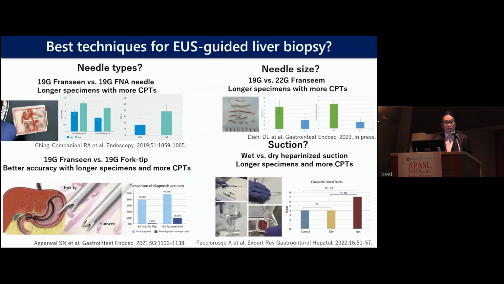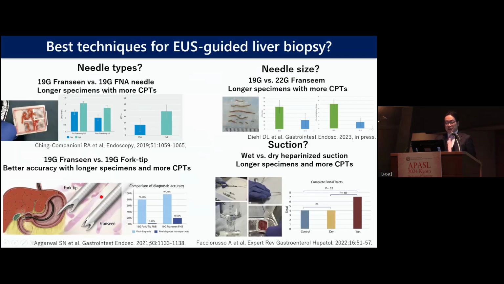First, I will talk about EUS-guided liver biopsy. I think it's common outside Japan, but in Japan most hepatologists still prefer percutaneous biopsy because sometimes the specimen of the EUS-guided liver biopsy is fragmented.